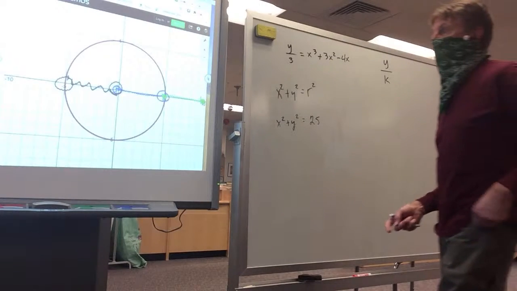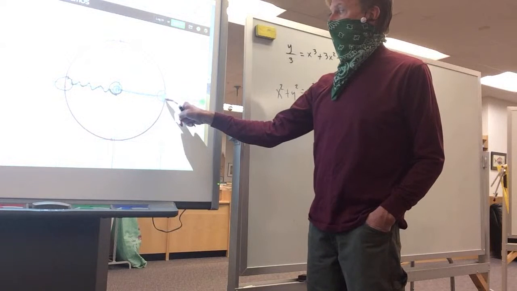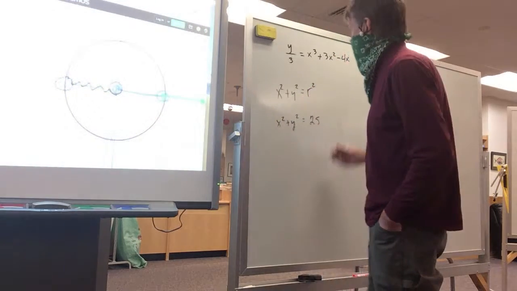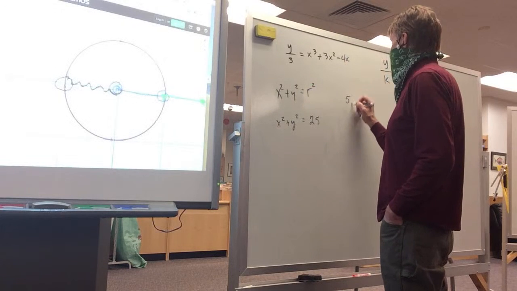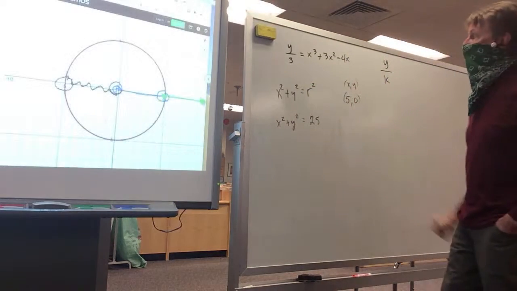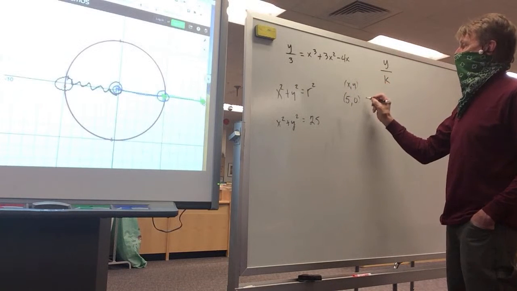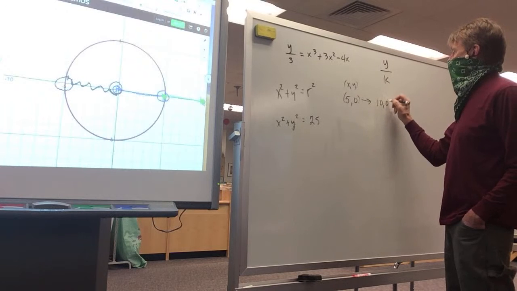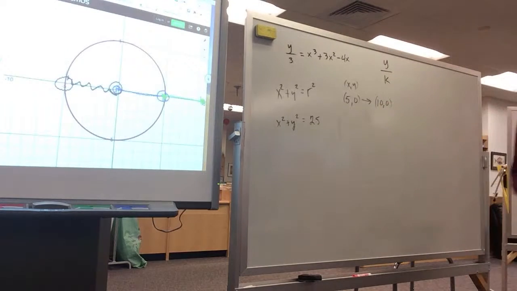Okay. Well, let's take this point on the circle, which is 5, 0. So 5 comma 0, that's the x and the y. And what we want to make it turn into is 10, 0. So does the y change?